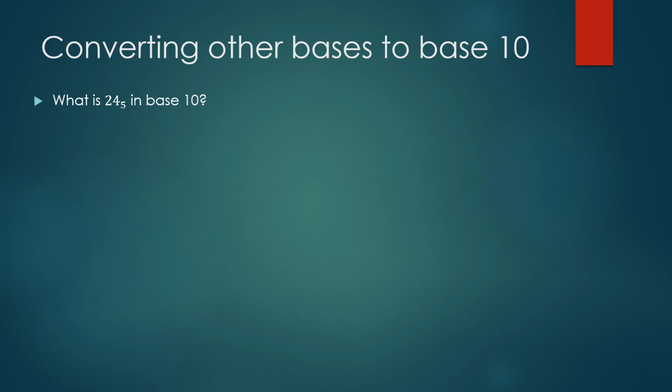Let's practice converting. So what is 24 base 5 in base 10? Well, we can use exactly what we just did. Based on the positioning system of the number and the base, we know that 24 base 5 is the same thing as 2 times 5 to the first plus 4 times 5 to the 0.